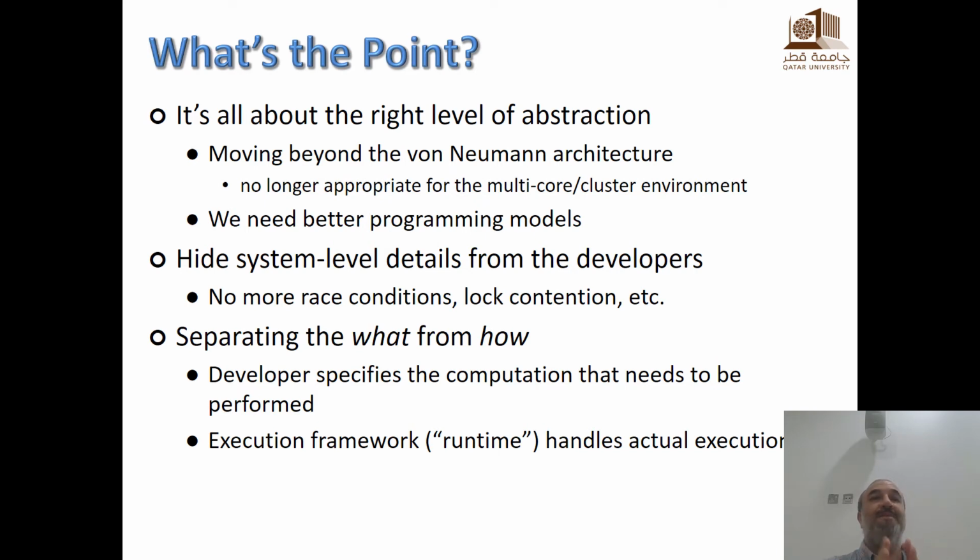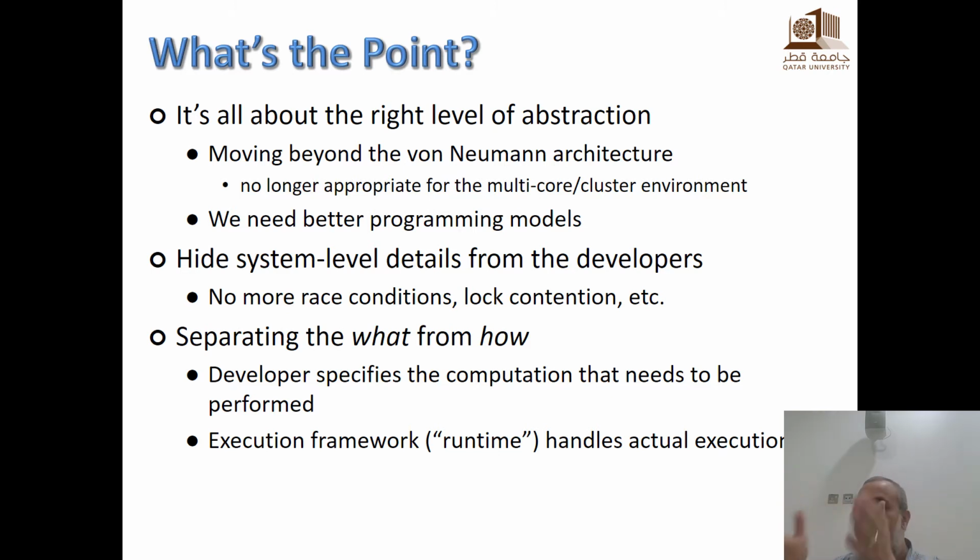And that will separate, as I mentioned earlier, the what from the how. How is how things are done actually at the low level. What is what you want to do.